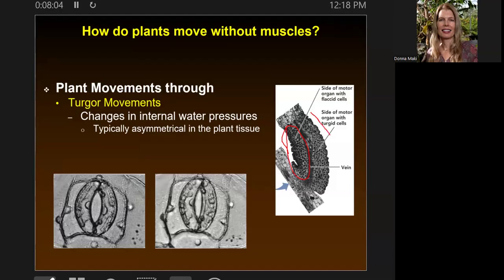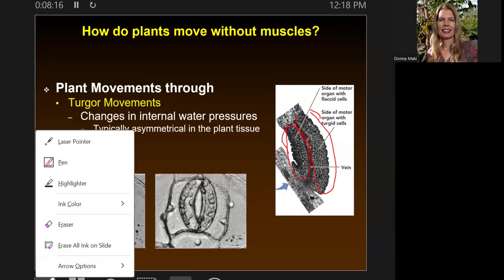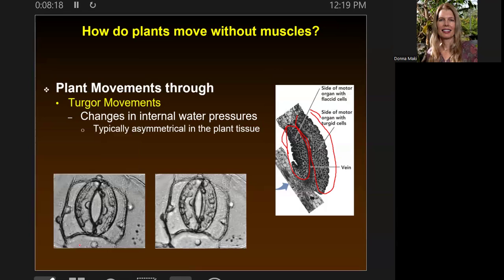And then the stuff I'm circling now on the right side has filled up with water. All those cells have filled up with water. And so in this case, it allows for this part of the plant to bend a little bit. In this case, it looks like it's bending to the left. And so that's what I mean by asymmetrical. One side has less water, one side has more water. And so you get that asymmetry, but it causes this bending ability.